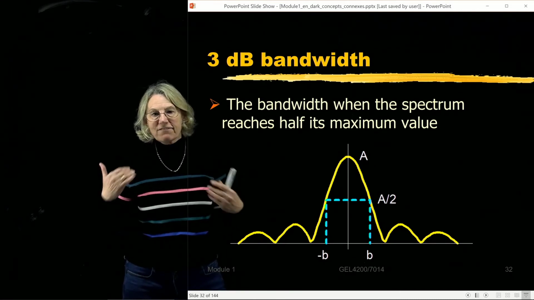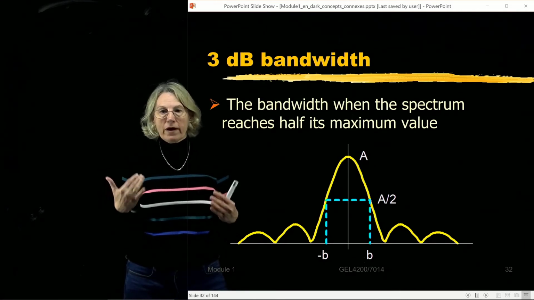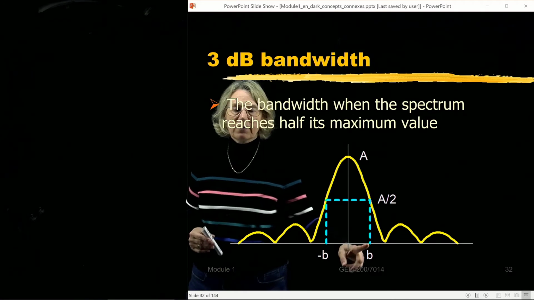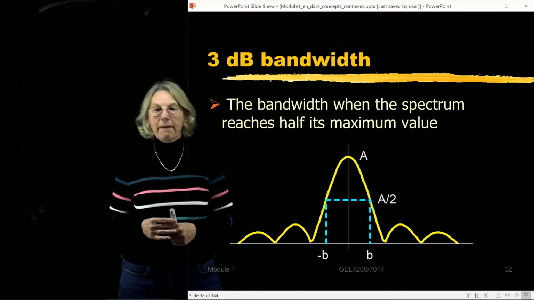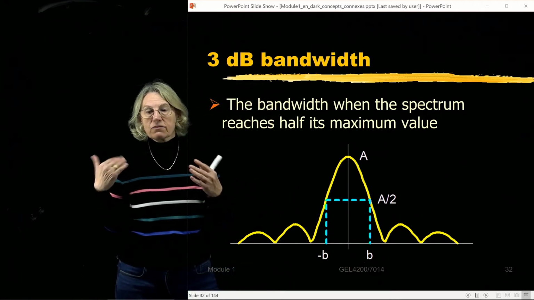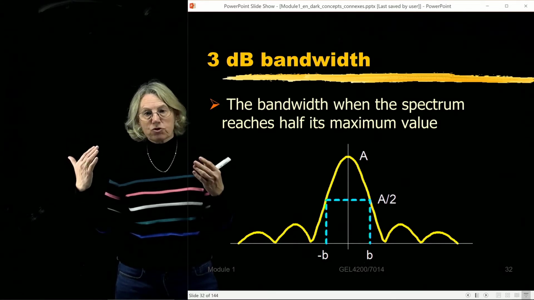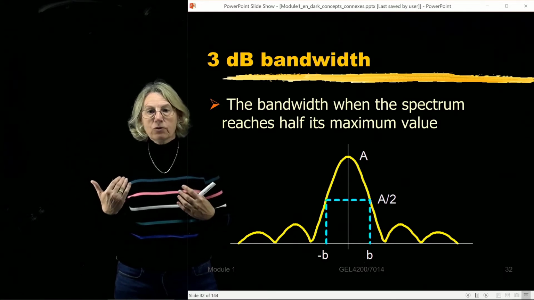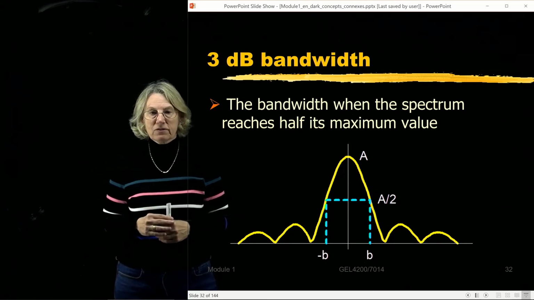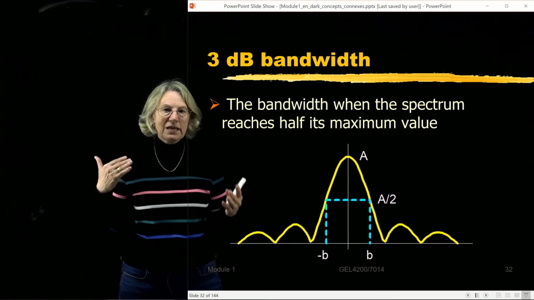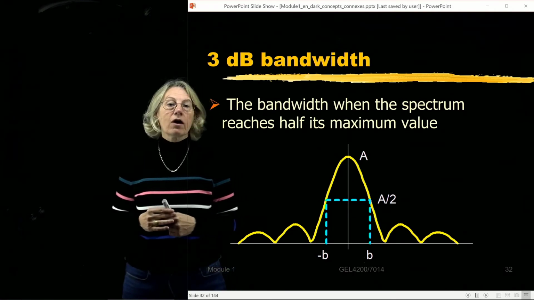When it gets to half its magnitude, whatever bandwidth I'm at when that occurs, I'm going to call that the bandwidth. 3 dB is the measurement of having reached half the value, which is why we call it 3 dB bandwidth. Or full width half maximum is another way that we might call this bandwidth.